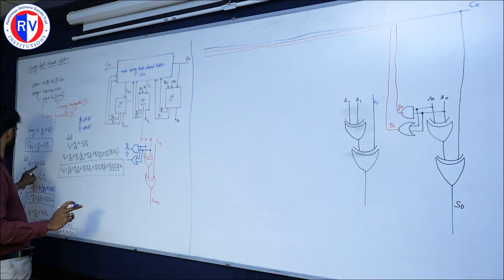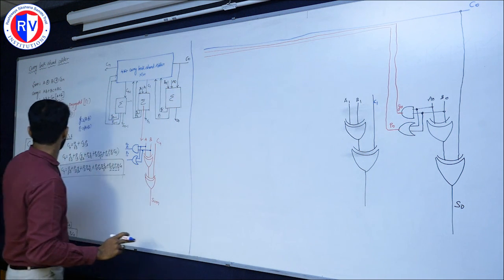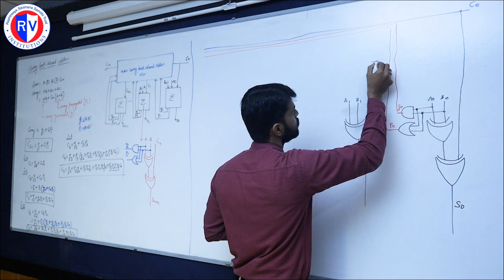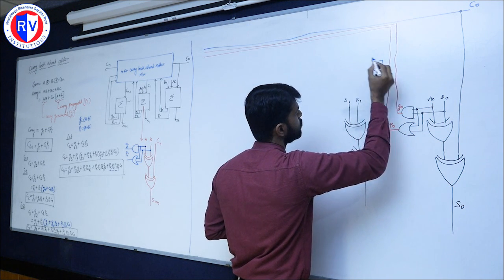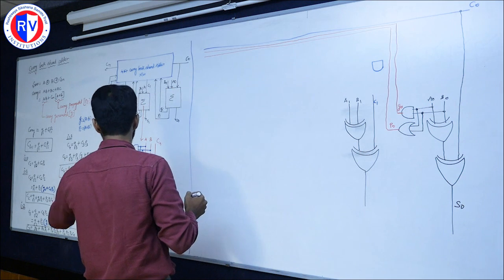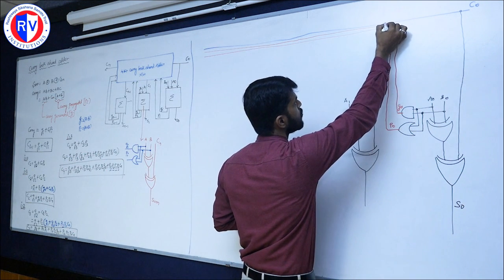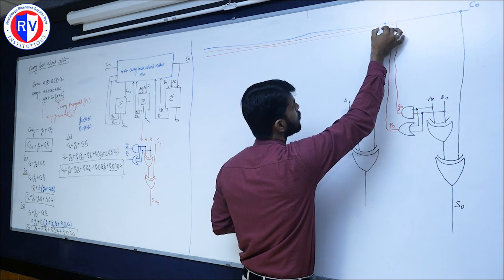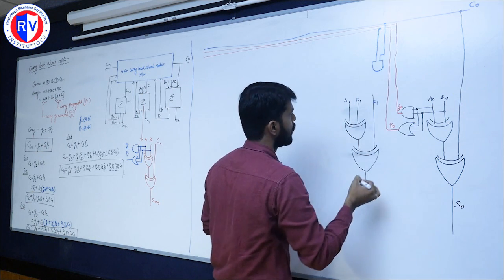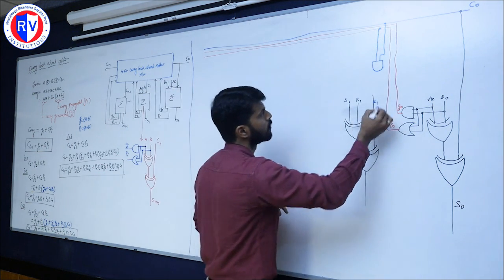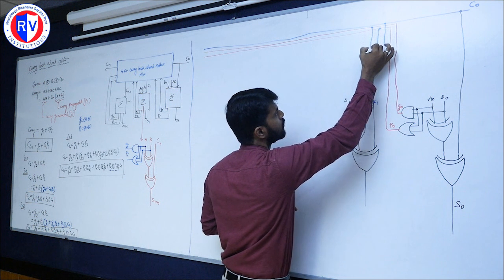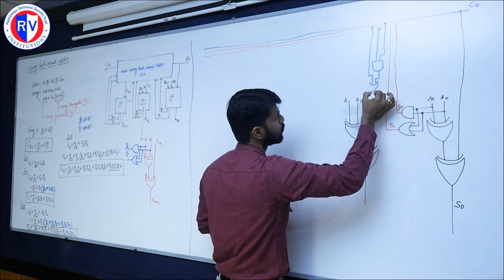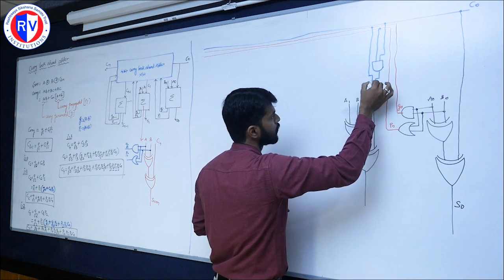C1 is G naught plus C naught P naught. So here C naught and P naught get connected with one AND gate, and that gets added with G naught through one OR gate, and that will get connected over here.